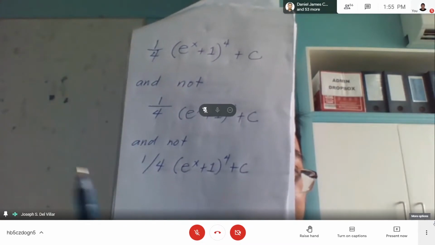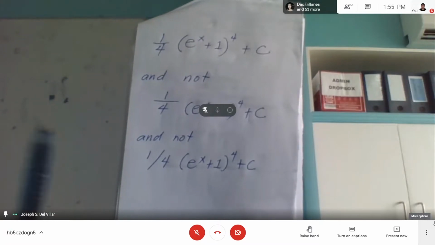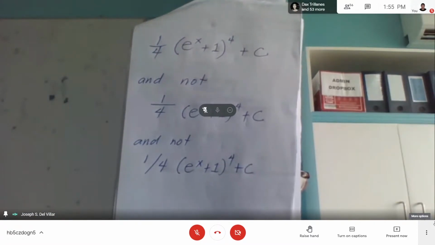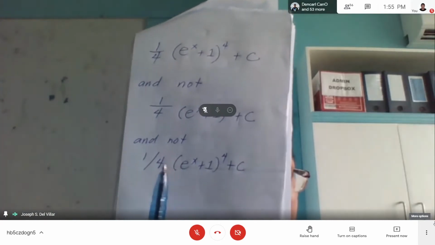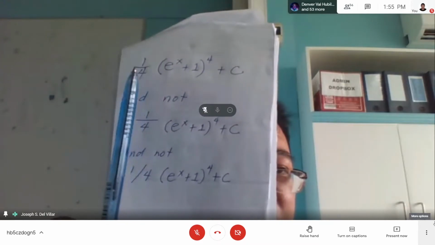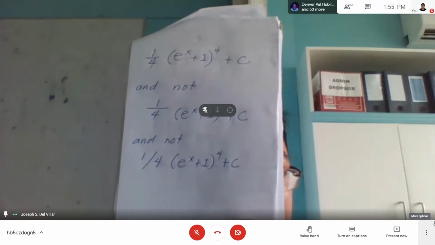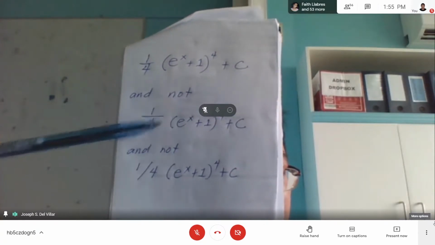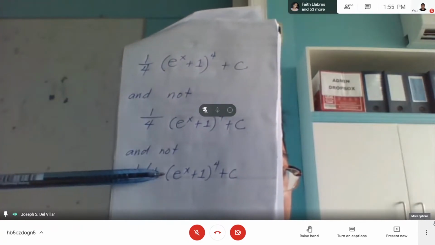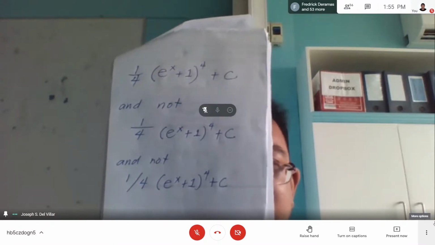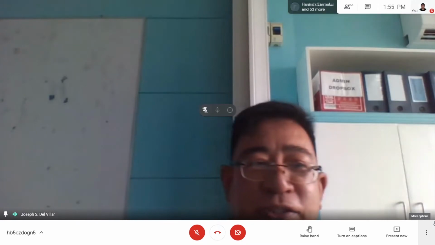Ka-level siya ng 4, and that is already different, no? Magiging 1 over 4 times. So, do you know what I mean, di ba? So, I always emphasize that ayoko nang gumagamit ng slash. Always use this, no? Okay? Kasi itong dalawang to, it's already different, no? Magkaiba na yan. Okay? So, clear tayo dyan, ha?